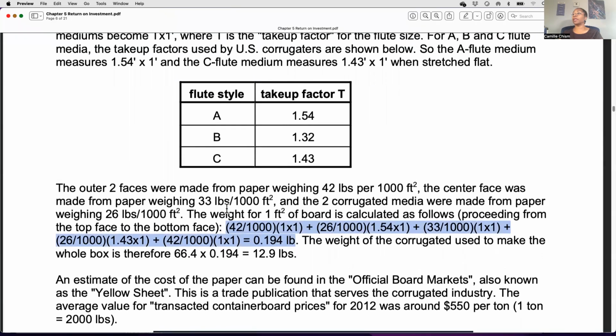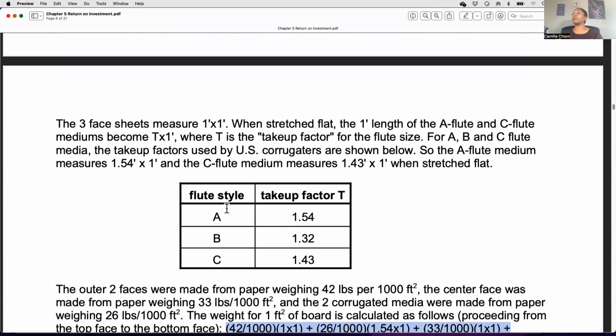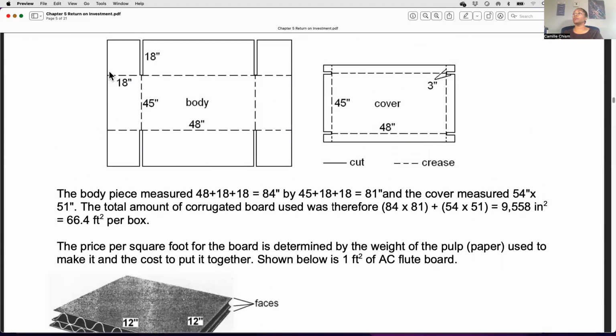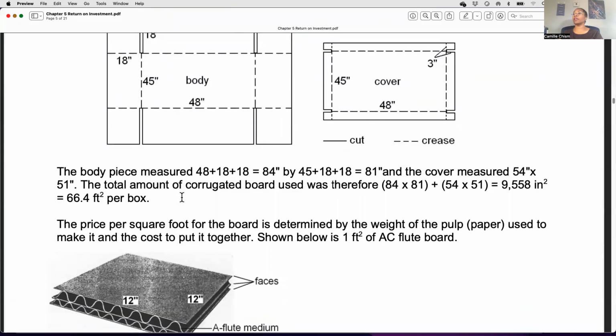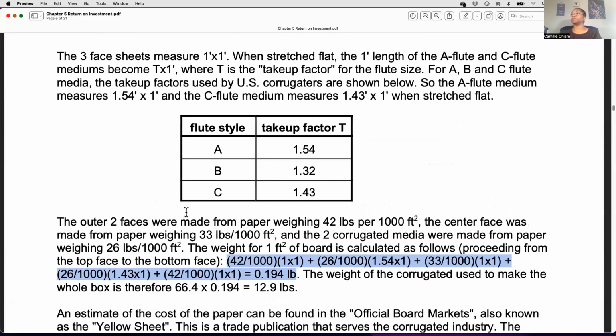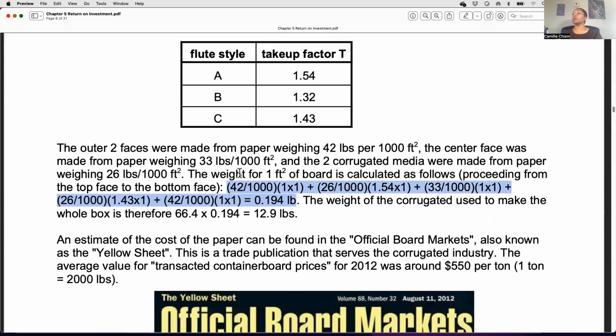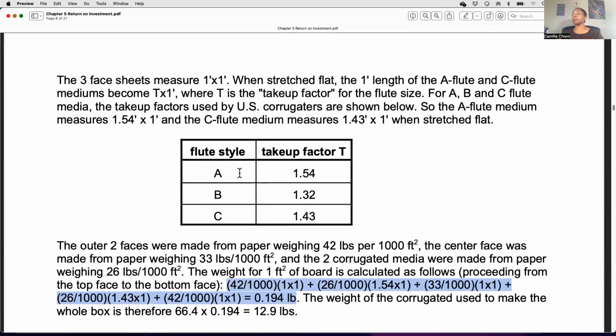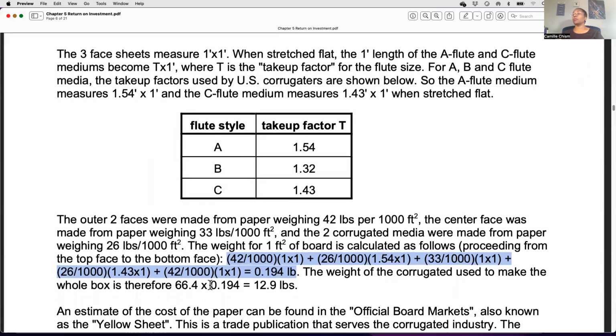And then remember again, your 66.4 came in here. When you measured, that was your square footage of everything. All you did down here was measure for 1 square foot. So you measure for 1 square foot and you get 0.194 pounds.